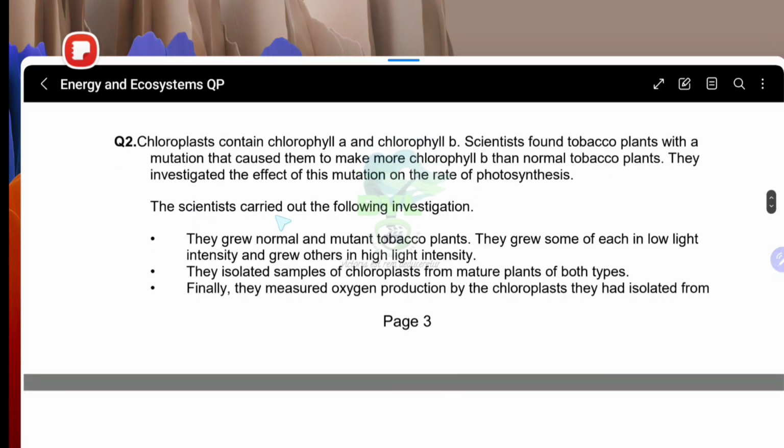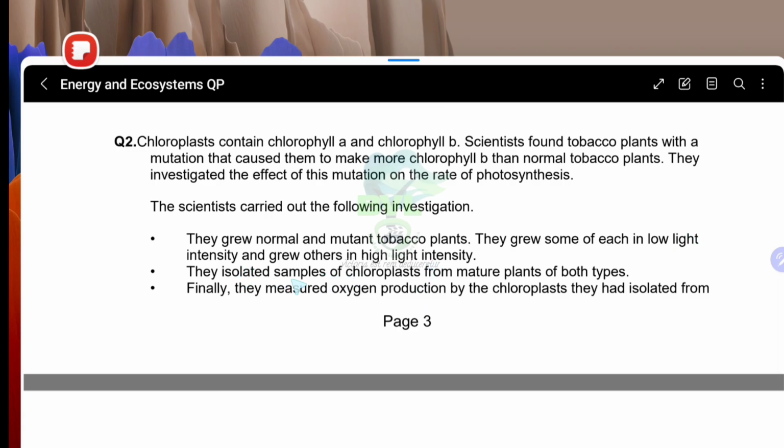Now, the scientists carried out the following investigation. They grew the normal and mutant plants. They grew some of each in low light intensity and others in high intensity. So you should know that we have two plants, the normal plant and the mutant plant. Both of them were grown in high intensity and also low intensity.